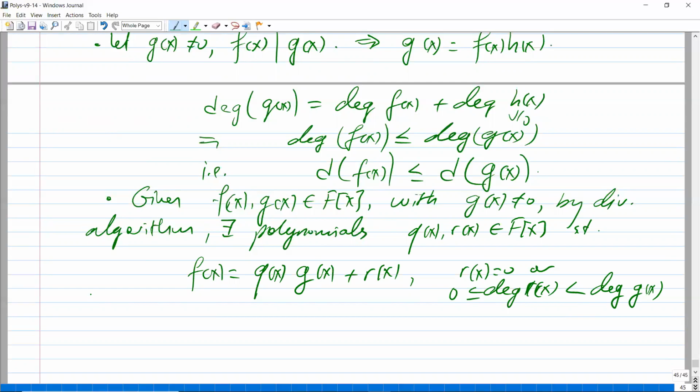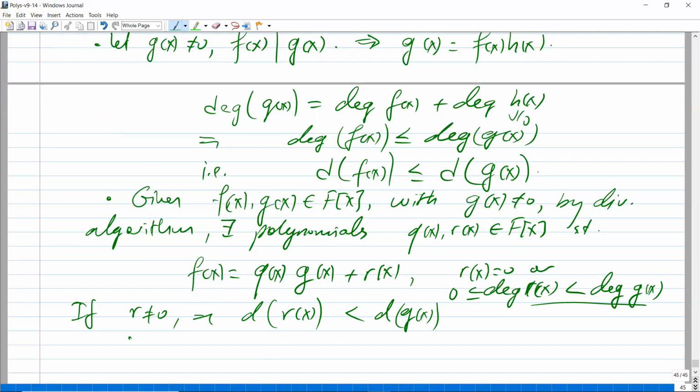So if r is equal to 0, it is one of the conditions, and if r is not 0, then the degree of r of x, which is d of r of x, is less than d of g of x, so the second condition is satisfied.